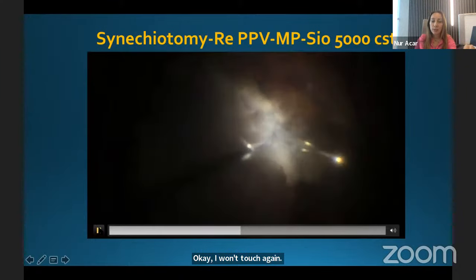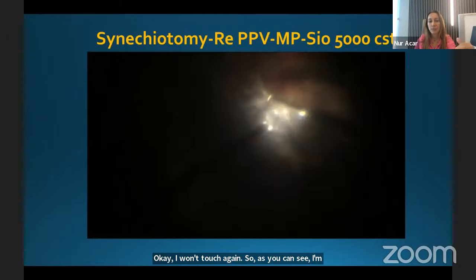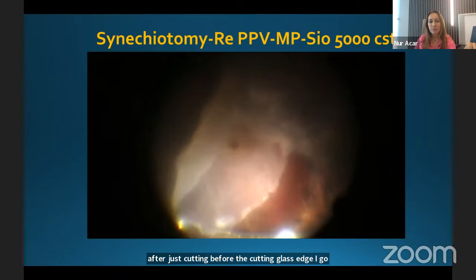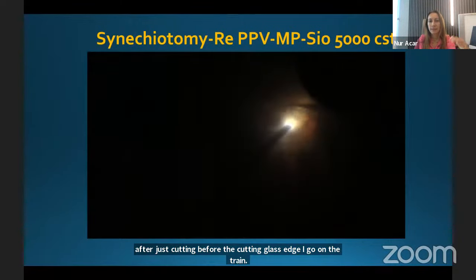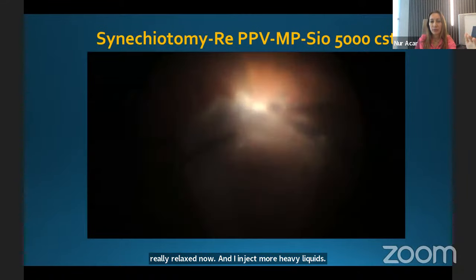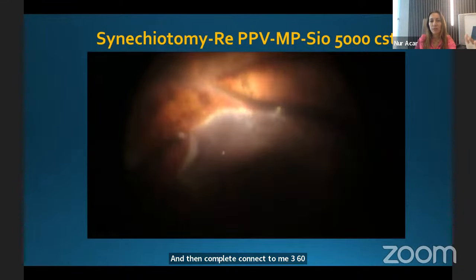So as you can see, after just cutting before the cutting glass edge, I go on under heavy liquid again. I can see that the retina is really relaxed now. I inject more heavy liquid and then complete the 360 retinectomy and go on with the peripheral retina.